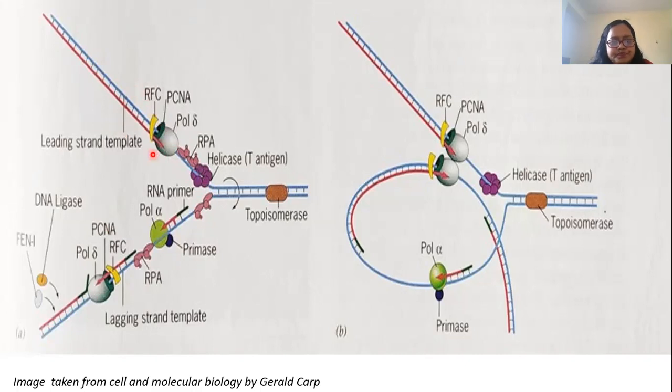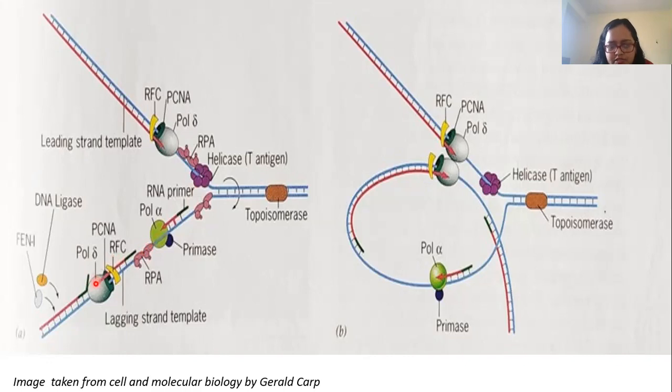We also know that on the lagging strand Okazaki fragments are synthesized, so the DNA synthesis on the lagging strand is discontinuous. It is in short pieces of DNA which are called Okazaki fragments.